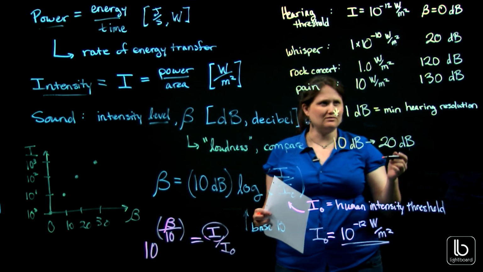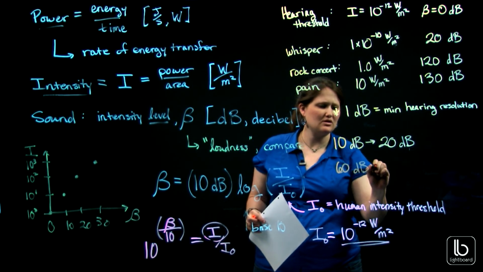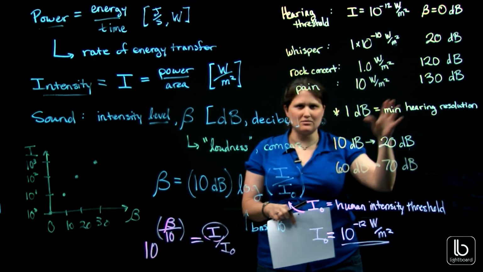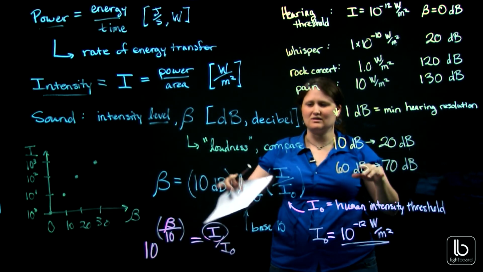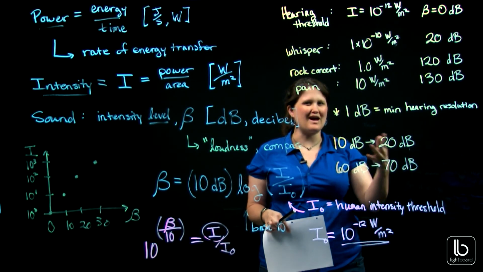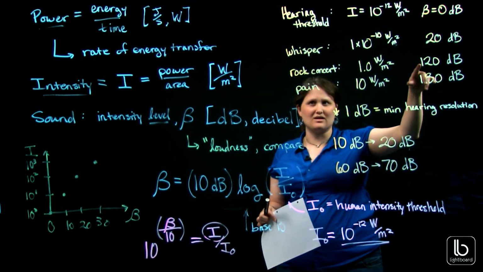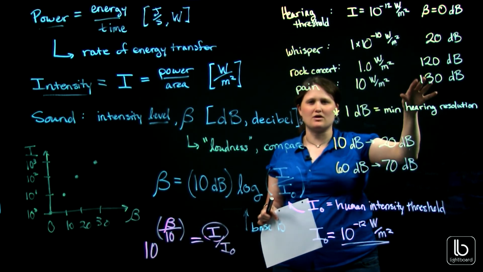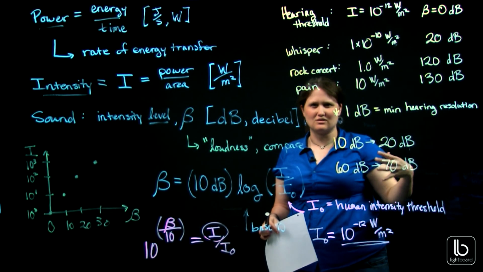But here's where it gets a little funky. If I go from 60 decibels to 70 decibels, that's clearly not doubling the intensity level, but it actually does double the loudness. Like in this case, the rock concert isn't causing me pain. If something was twice as loud as a rock concert, it would cause me pain. That's kind of the idea that we're talking about here.